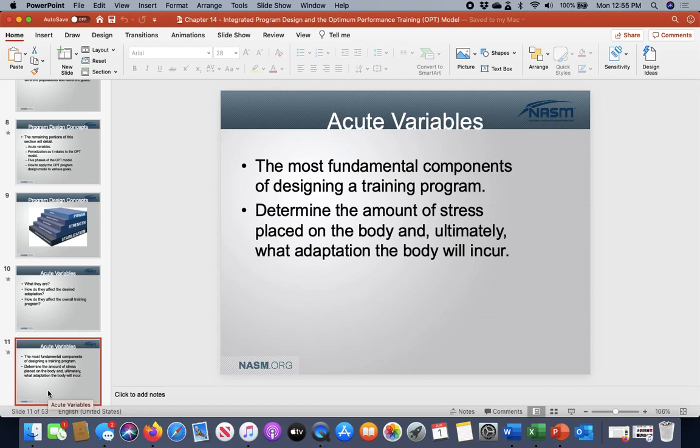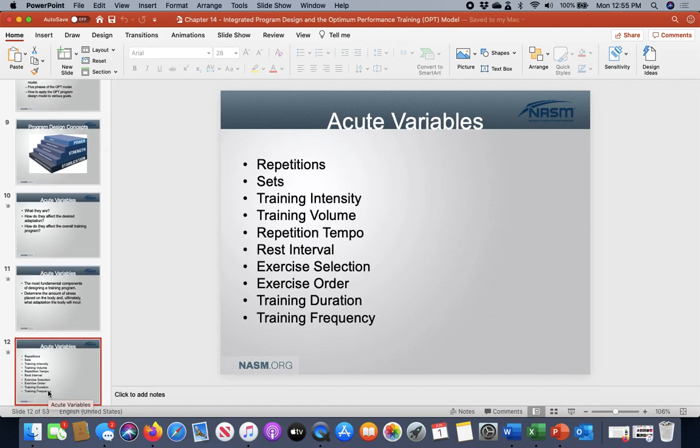Those are the things you want to ask when it comes to the acute variables. Like it says here, they're the most fundamental components of designing a program. These are the main variables, the main aspects of your training that you're going to provide your person, and this is the stuff that you program for yourself. Repetitions: the movement that you're using, and one repetition is one repetition.